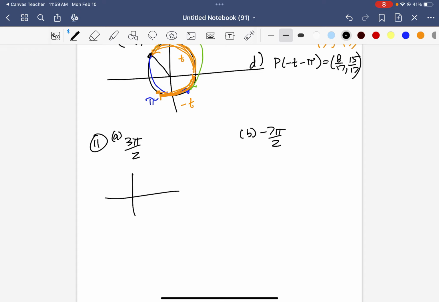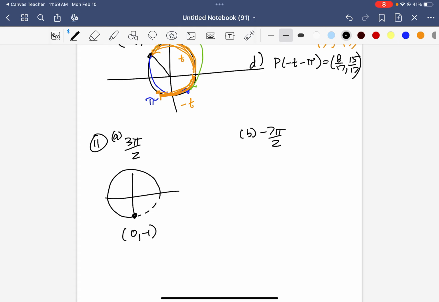P is a point on the unit circle, so they open up 3 pi over 2. It wants to know what are the x and y coordinates. And so the x and y coordinates on the unit circle, if I open that far, are 0, negative 1. There you go, and that's it, right?